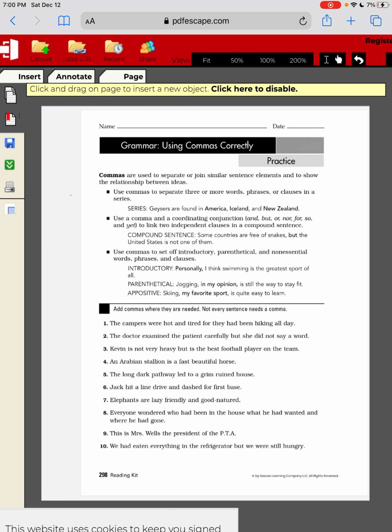Here are your bell ringers for the week of December 14th. They start on Tuesday and go through Thursday.